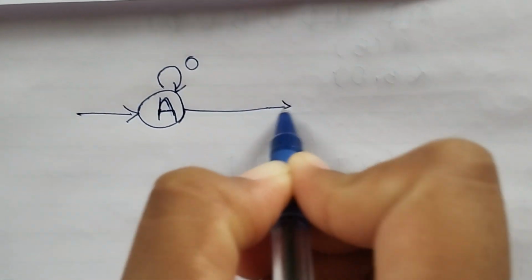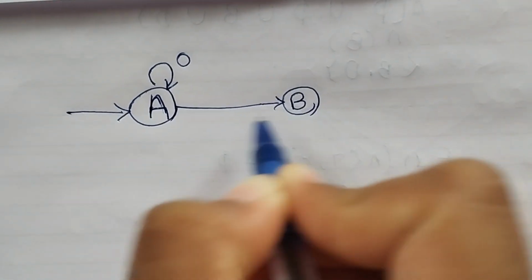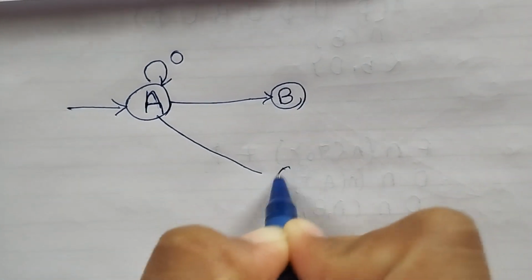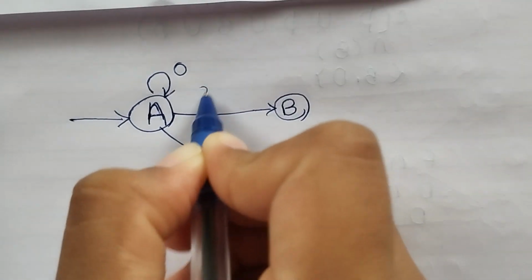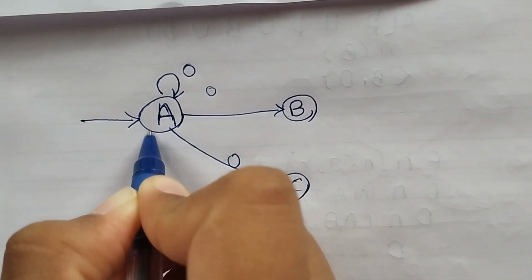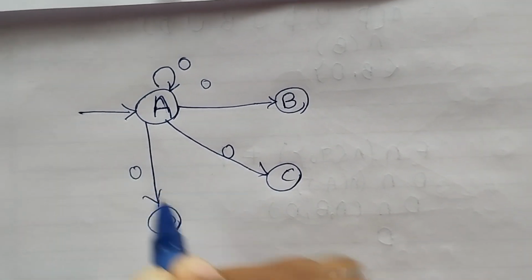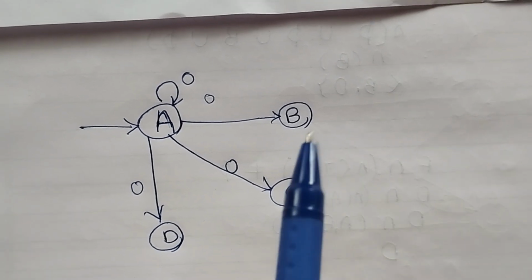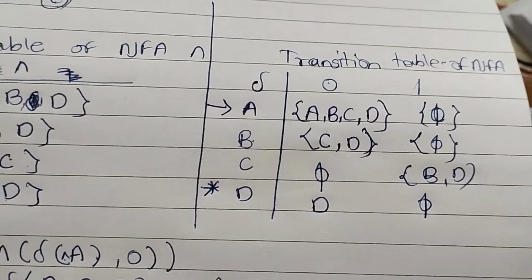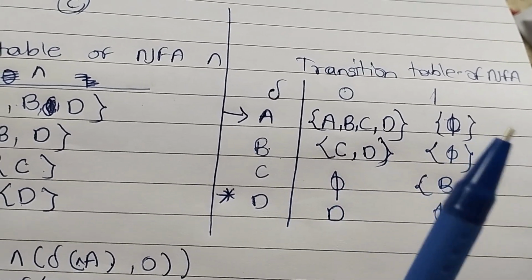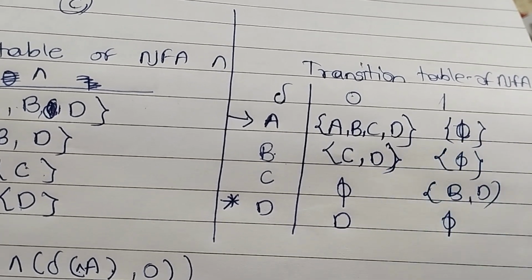So A reads 0 to A, B, then C, and D. Now we see A reads 1. A reading 1 is phi, meaning null.